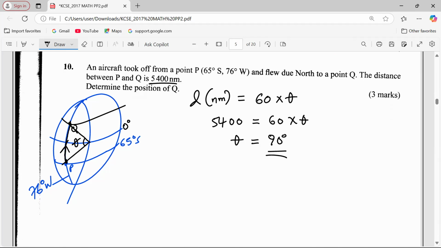And remember, we are supposed to cover an angle of 90. So there remains 25, which means we'll have the 65 on the south and add 25 on the northern side. So the position of Q is going to be 25 in the north, then 76 in the west. That way.